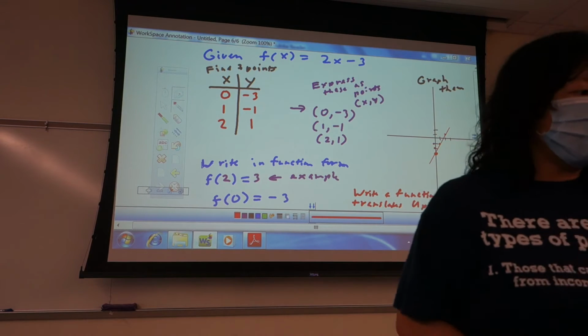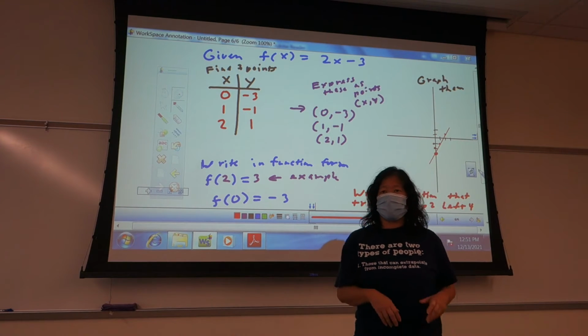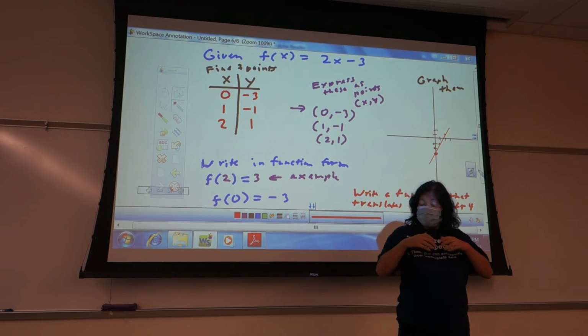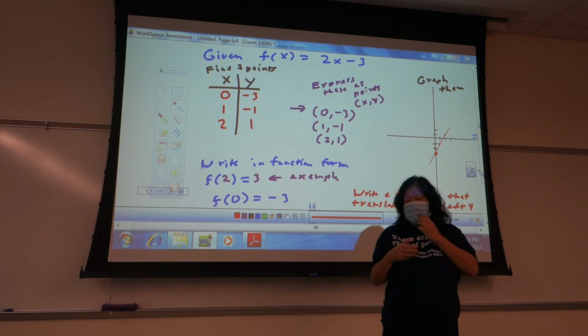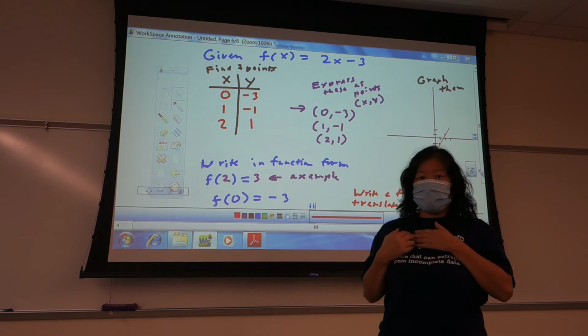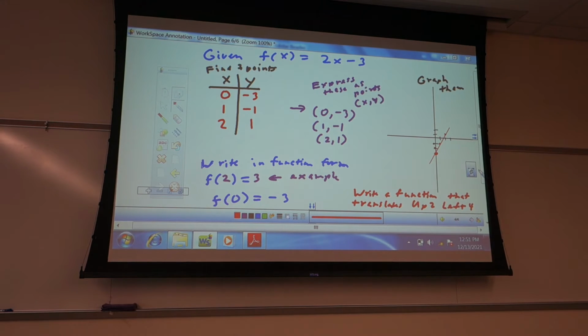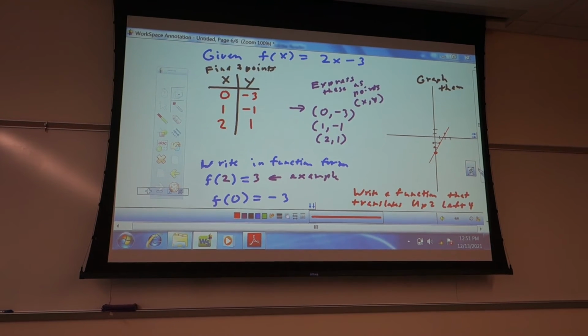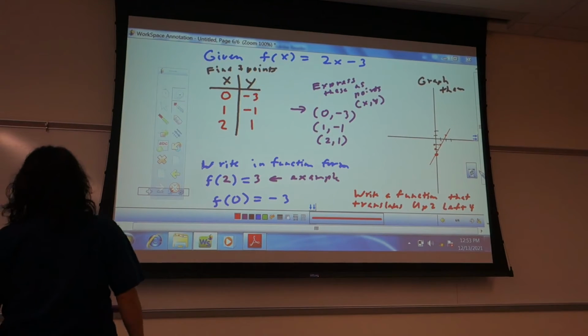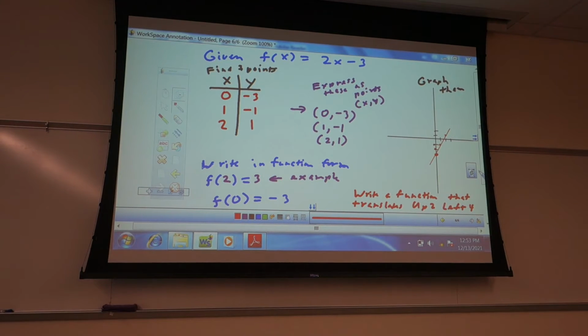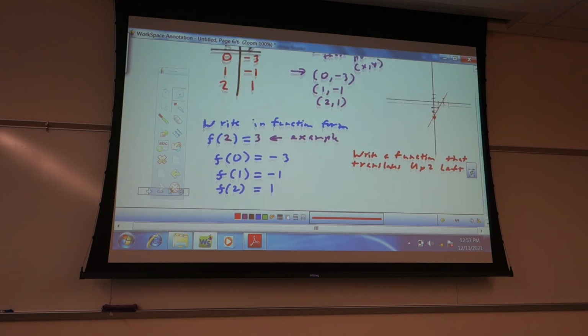So remember, translation left or right, is that on the inside or the outside? Inside, right where x is. Up, down, is that on the inside or the outside? Outside of the function. So inside means right where x is.